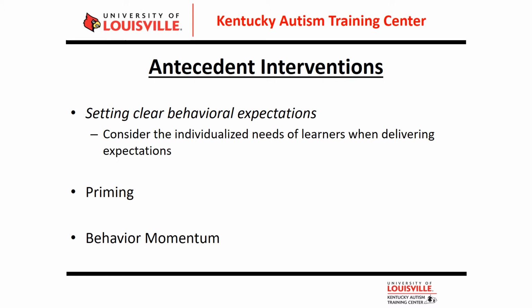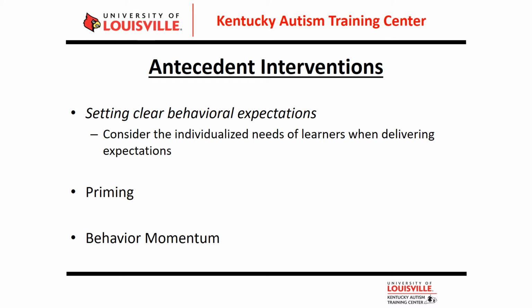They may have several teachers, several classroom assistants, the PE teacher, lots of different people come in and out of their orbit in the school system. So making sure that behavioral expectations are consistent across classrooms whenever possible and across settings when appropriate is going to be very helpful for them.